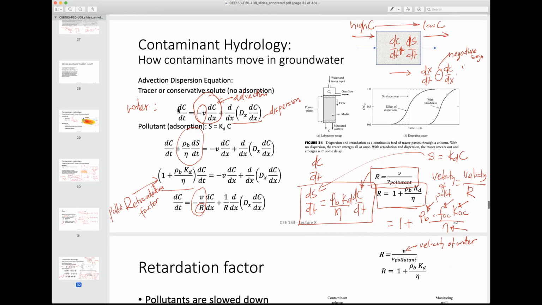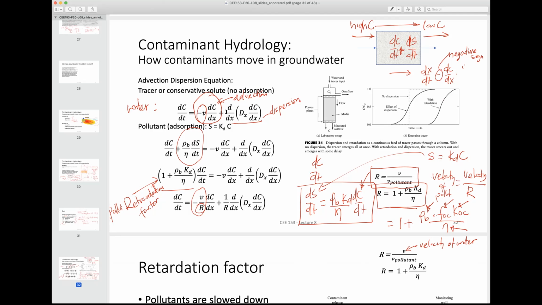For water, on the very top, the mass of pollutant, which is not reactive, is dC/dt inside this block. If you take any block in an aquifer and you want to know how the concentration changes inside that block with time, that change, because it's non-reactive, is related to how much is coming in and how much is going out: dC/dt equals QC in minus QC out.